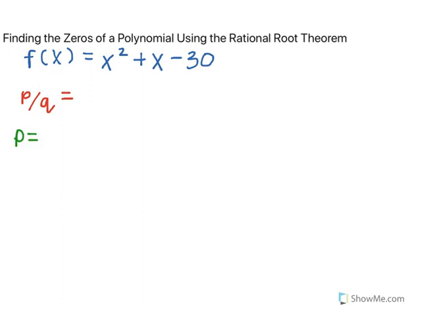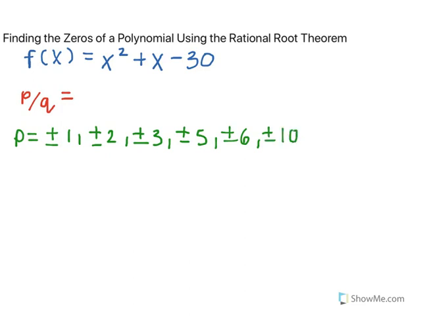Factors of p, or negative 30 in our case, would include plus or minus 1, plus or minus 2, plus or minus 3, plus or minus 5, plus or minus 6, plus or minus 10, plus or minus 15, and plus or minus 30.